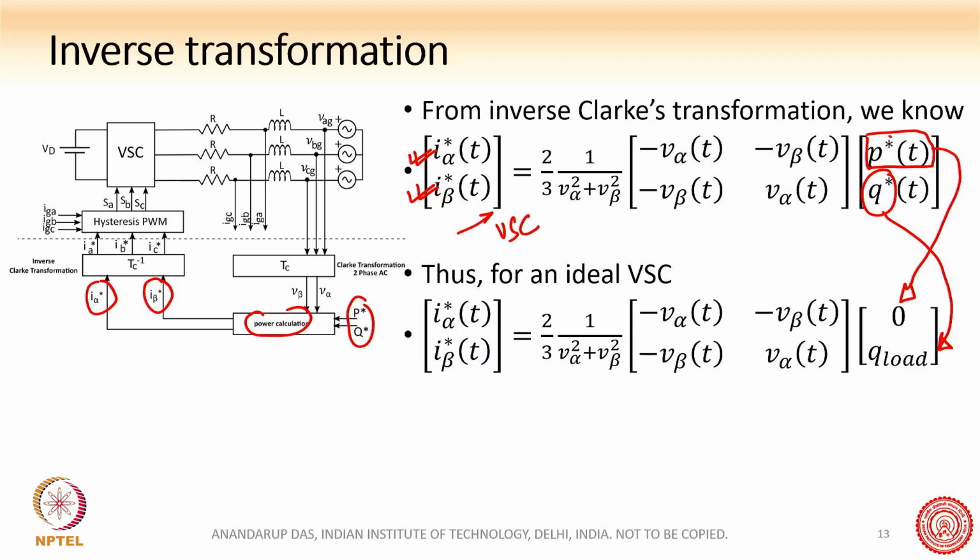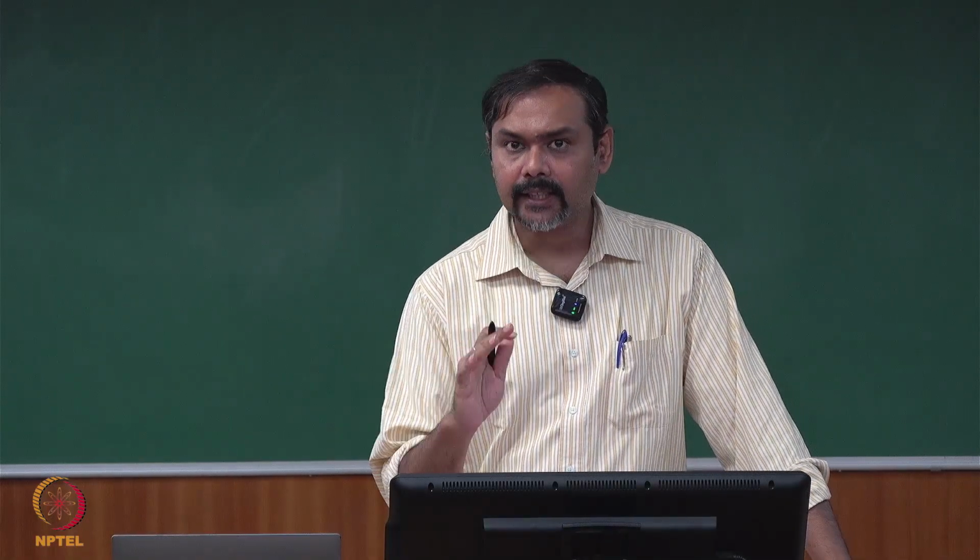If there is a loss, since real systems are lossy, then we have to give a certain value of P star to take care of the losses inside the converter. There are techniques where we sense and monitor the DC bus, which will give us the P star. But let us assume that we have a lossless condition, and so P star is equal to 0.